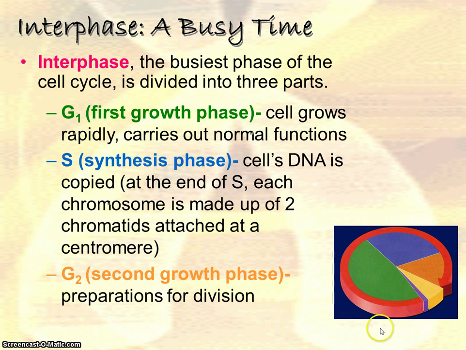If you look at this picture here, this red part of the circle is all interphase. Within interphase, you have the G1 phase, the S phase, and then the G2 phase. Roughly 90% of the cell cycle is made up of interphase.